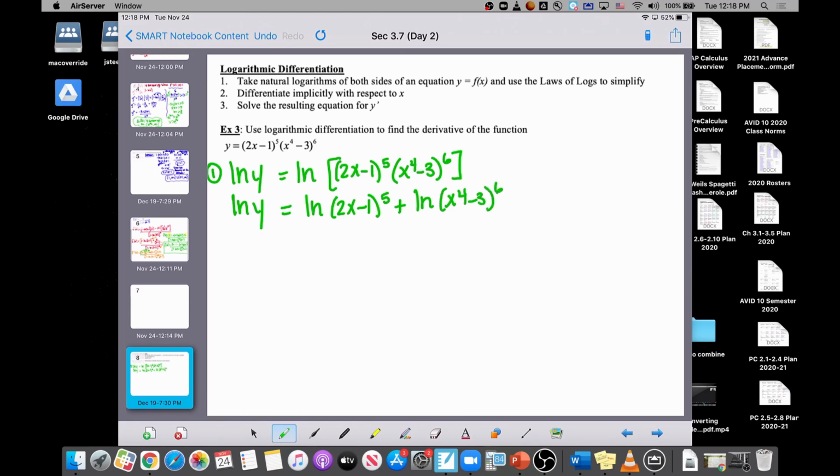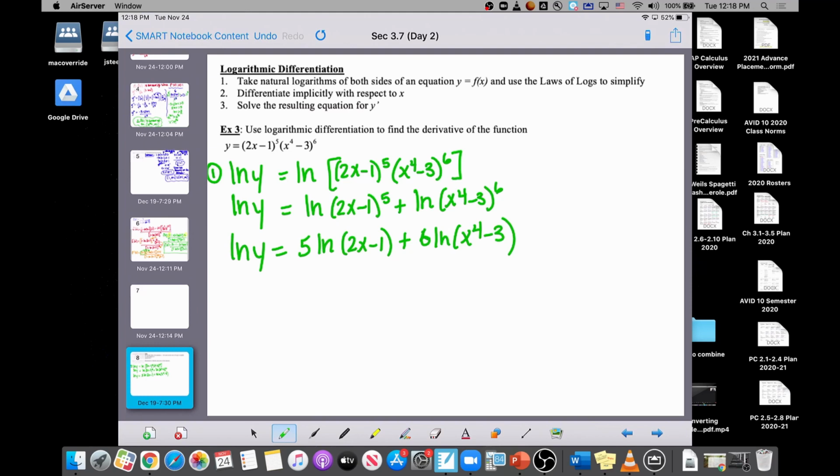And then the next step is those exponents on those parentheses can go in front of the log, right? That's using the power rule of logs. So now we have ln y is equal to 5 natural log (2x minus 1) plus 6 natural log (x to the 4th minus 3).